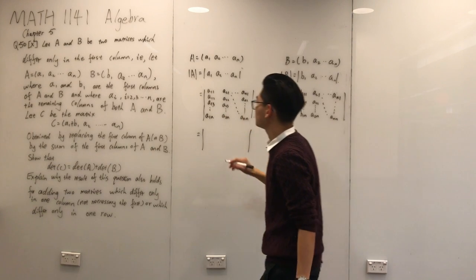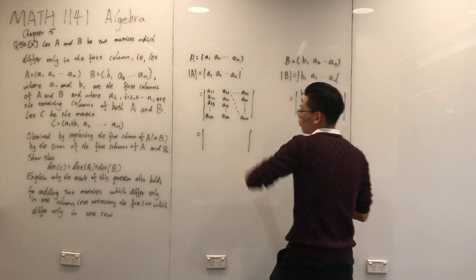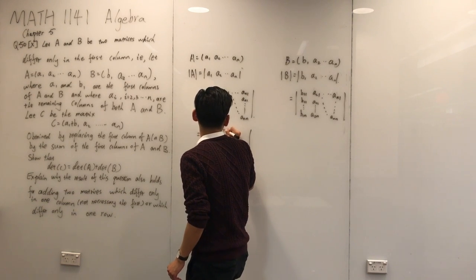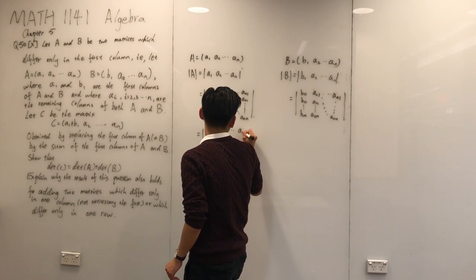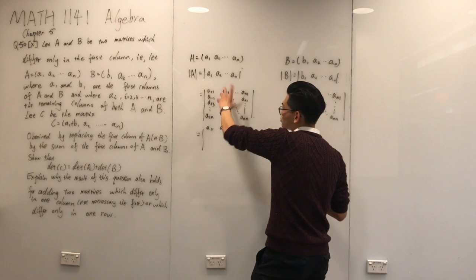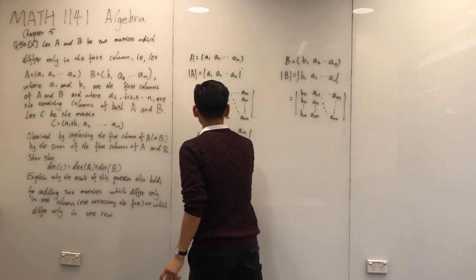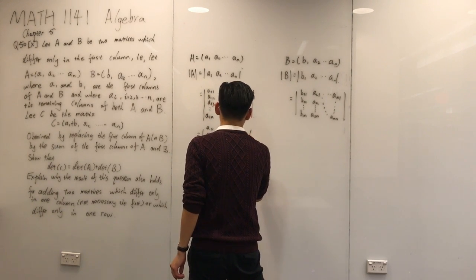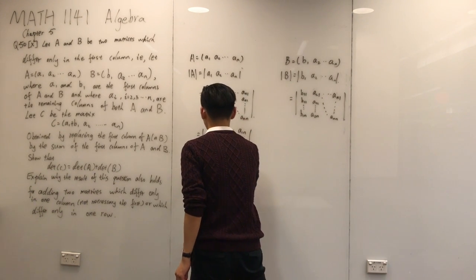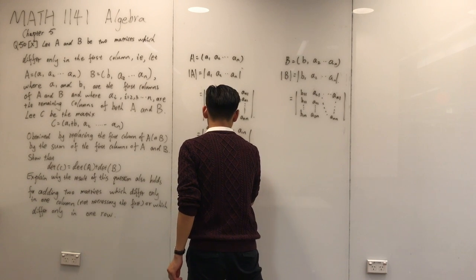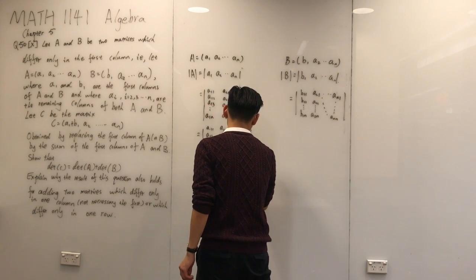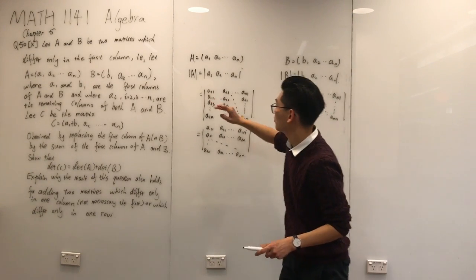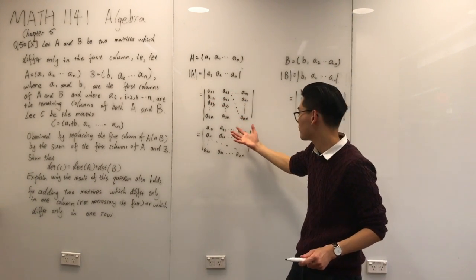It will be equal to its transpose, which means it is going to be equal to A11, A12, A1n, right? Transpose, A21, A22. Right? Because from our original, the determinant will be equal to its transpose.